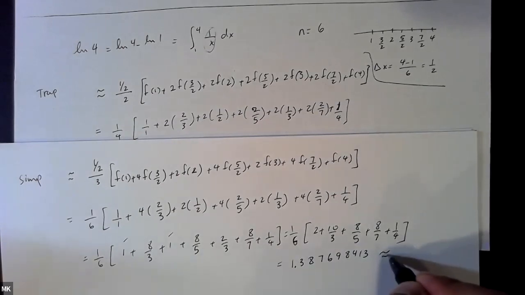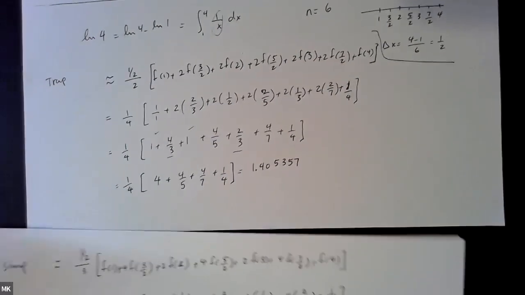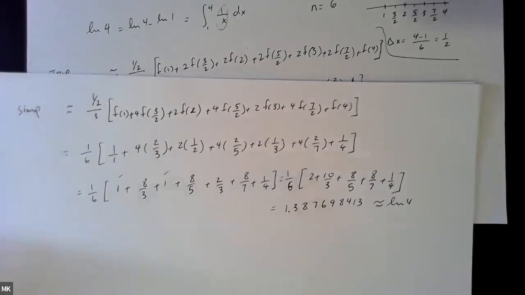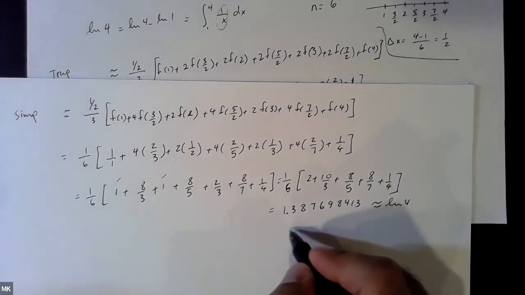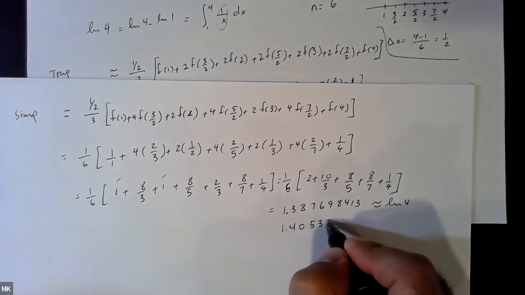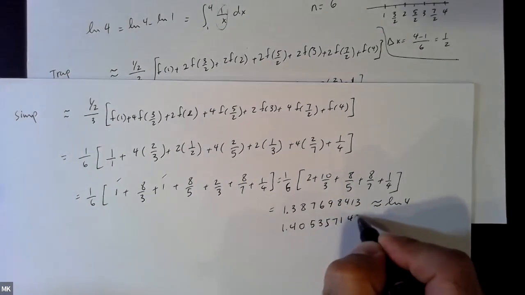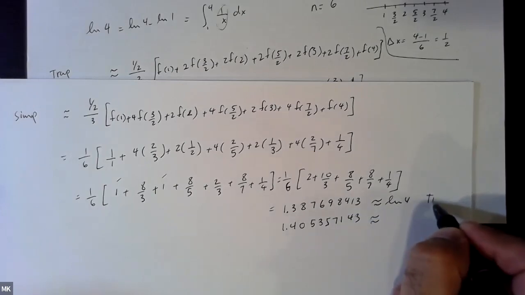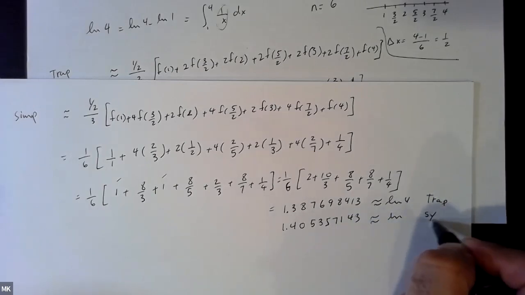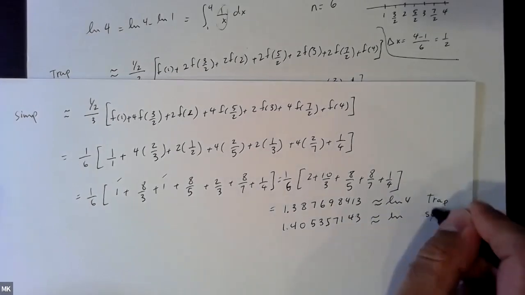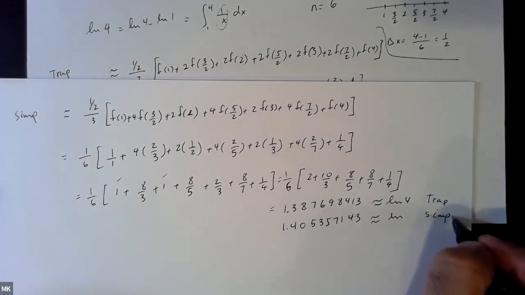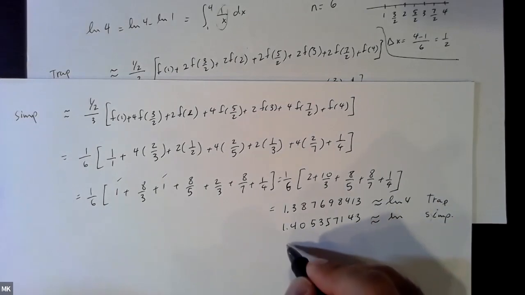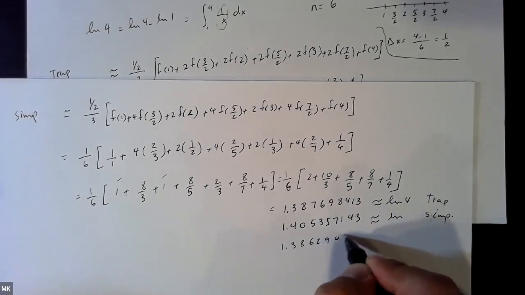So this is an approximation of ln of 4. My trapezoidal rule was 1.405357143. This is trap, this is Simpson. And then the calculator tells you ln of 4 is equal to 1.3862943661.